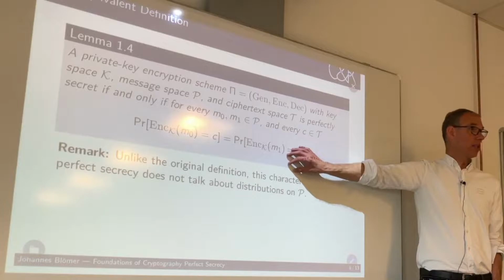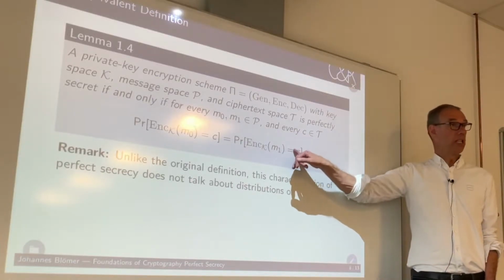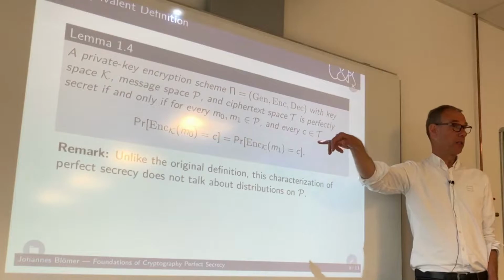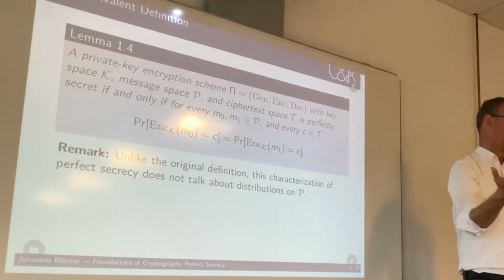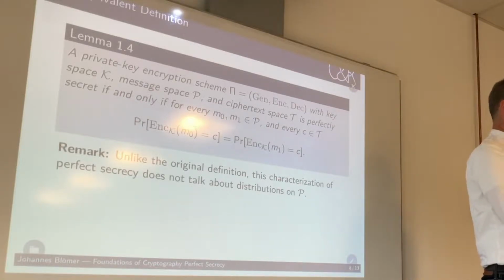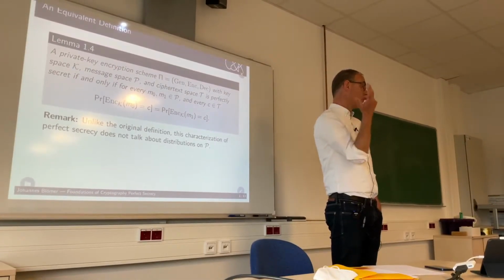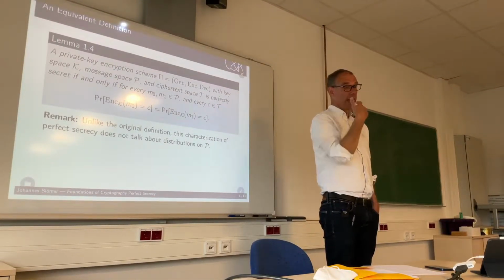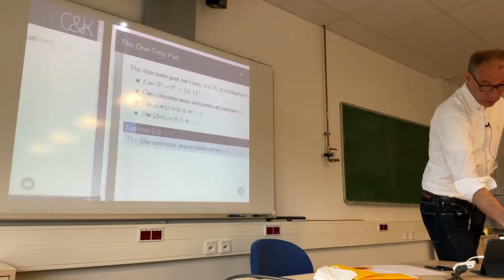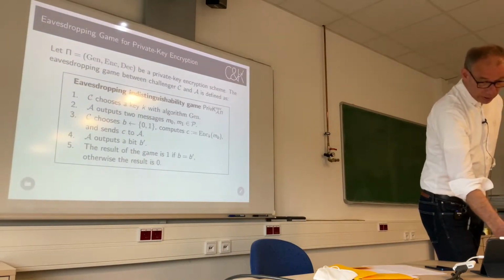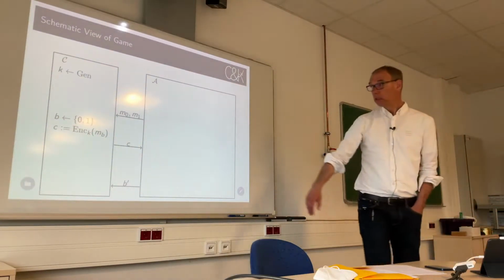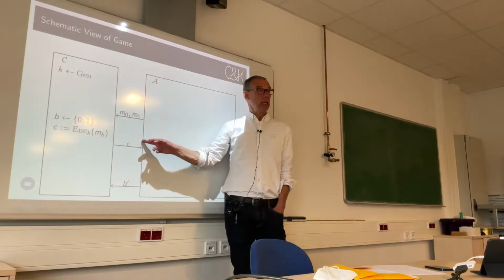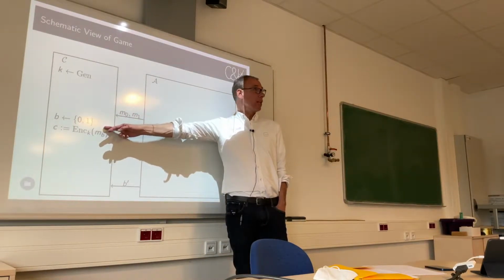Because this characterization says that the c here that you get by encrypting either one of two messages is independent of the message itself. Because what you see, the c has the same probability of appearing no matter what M0 or M1 is. And that's true for all pairs of messages. And hence, if you go back to this game here, this c here is independent of this bit b, stochastically independent.